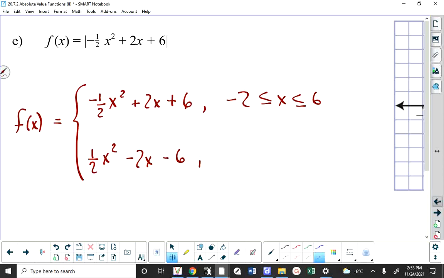Depends on whether it opens up or down. Where is the graph below the x-axis, which would mean that the absolute value signs are needed, which would mean the function is -1 times the original function? That's where x is less than -2 and where x is greater than 6.